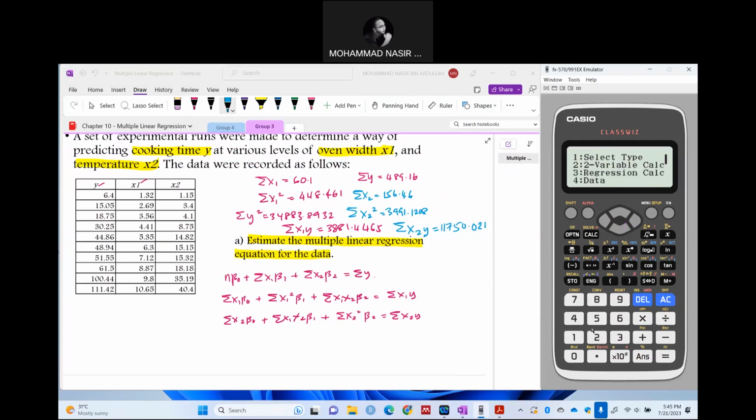And the last one is x1, x2, which is this one. Summation of x1, x2 equal to 1284.0365. So altogether 9 measures.